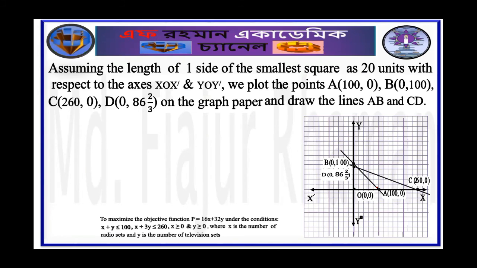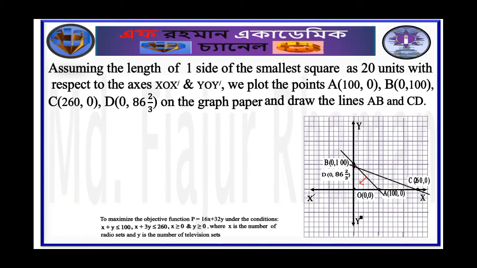Let us now trace the feasible region. For the first linear inequality, if we put x equals 0, y equals 0, then it is true. That's why this linear inequality represents the half plane containing the origin.